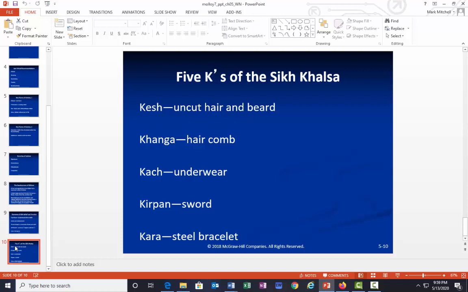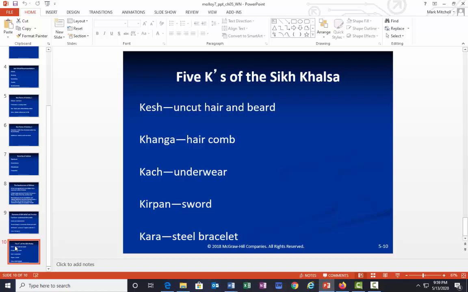The second practice is the hair comb, the kangha, which holds the uncut hair in place. Then the kachh is the special undergarment to indicate alertness and readiness to fight at a given moment. Again, maybe some of the defensive nature that the Sikhs got used to because of the persecution that happened earlier.